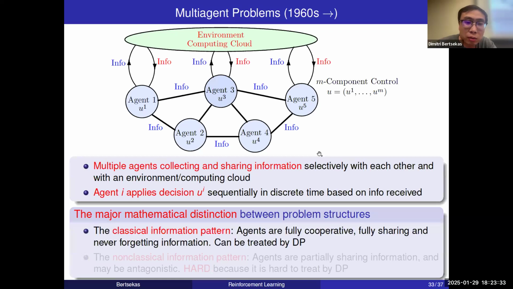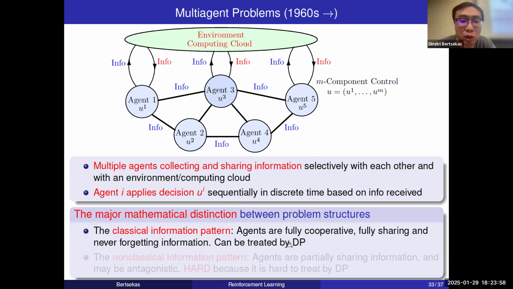There are 2 types of multi-agent problems, which are completely different in terms of difficulty and in terms of whether or not they can be treated by dynamic programming. The first type is called the classical information pattern, where agents are fully cooperative, fully sharing, and never forgetting information.